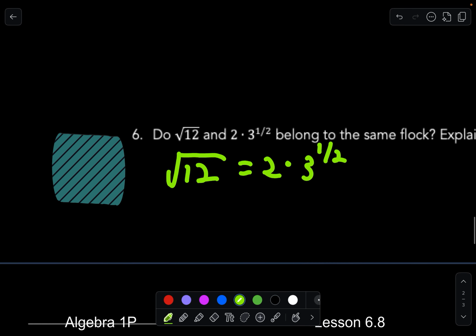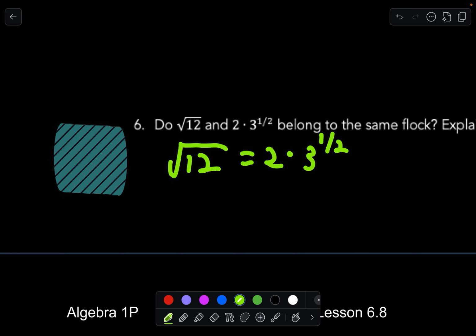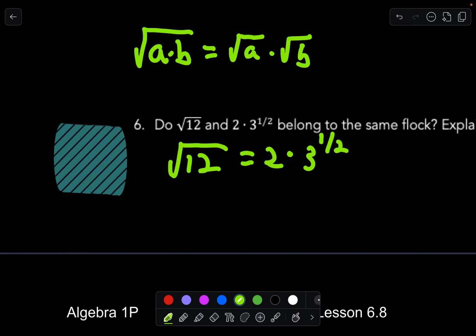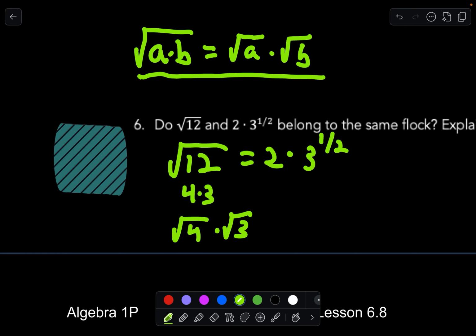Well, to think about this, you have to remember that this is predicated on the idea that when you have a product on the inside of a radical, you can take the square root of each of the factors. That's a true statement. So when you have the square root of 12, remember 12 is 4 times 3. So this becomes the square root of 4 times the square root of 3. The square root of 4 is 2, so that's 2 square roots of 3.